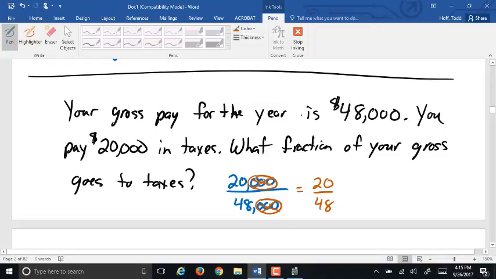What can both of those still be reduced by? 2 or 4? 20 divided by 4 is 5, and 48 divided by 4 is 12. So the fraction of your gross pay that goes to taxes, 5/12 of your gross pay goes to taxes.